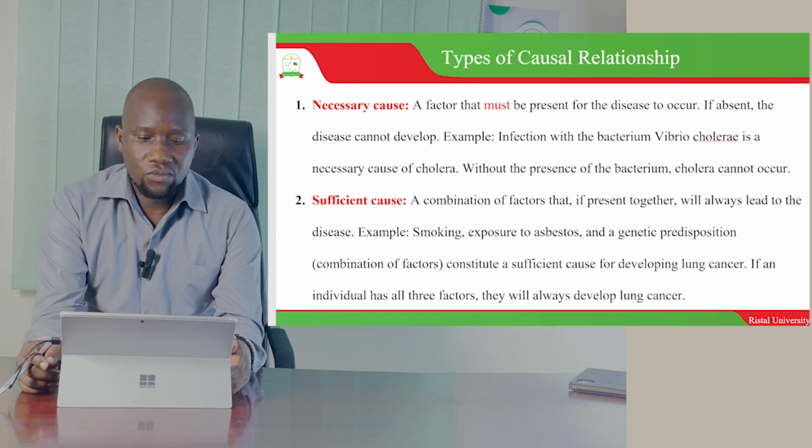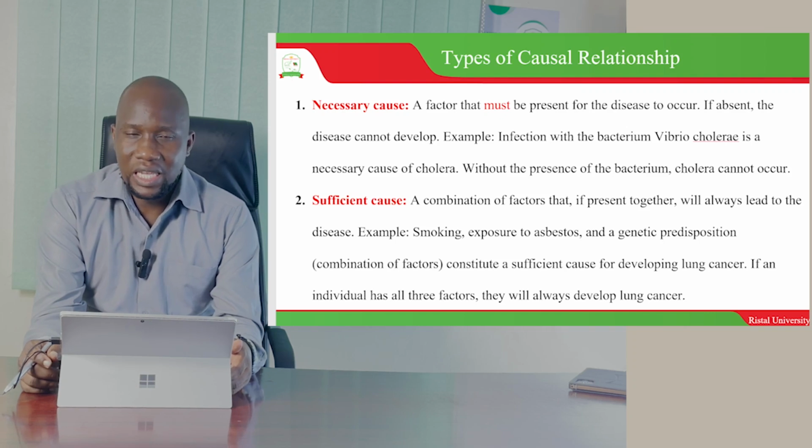Okay, so sufficient cause, for example, when we talk about an individual who has been exposed to smoke, whether actively or passively, and is also exposed to asbestos, and has a genetic predisposition to getting, let us say, lung cancer. So this is to basically say that when you have all these exposures in an individual, it is likely that they will get the disease, which is lung cancer in this case.